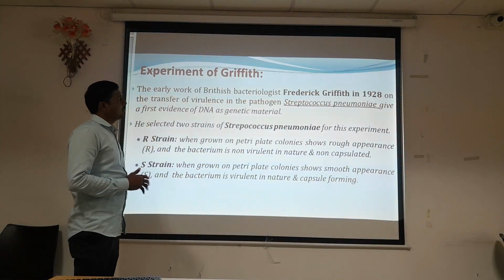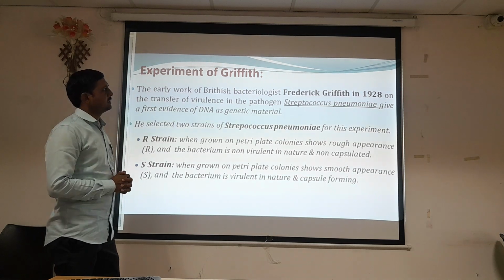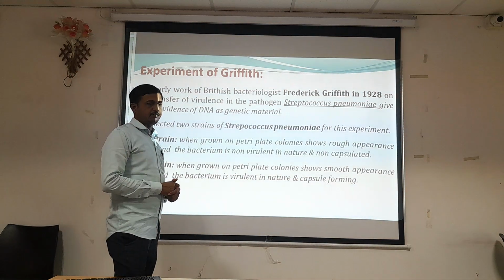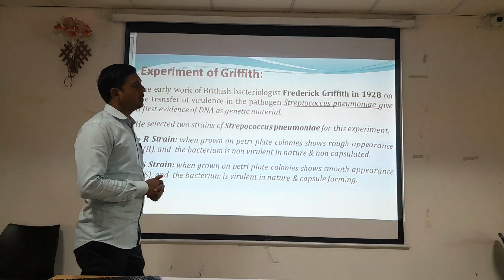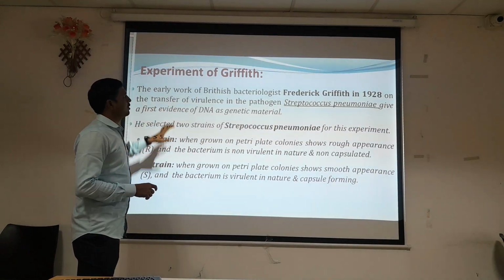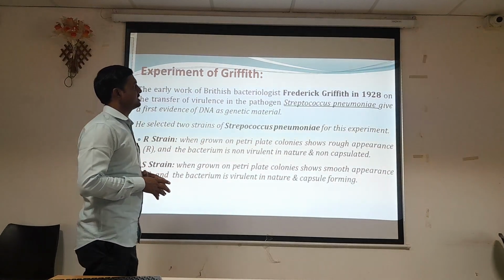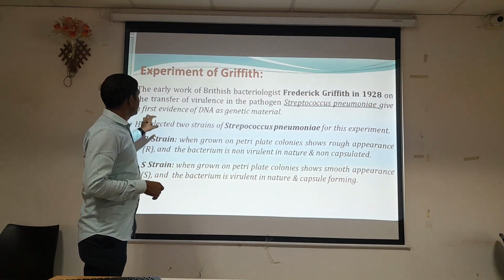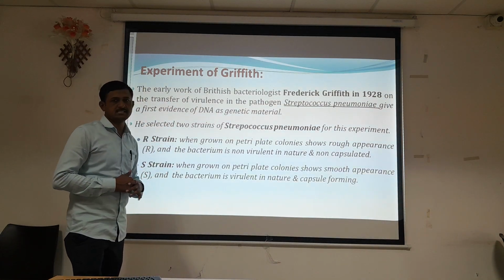The early work of the British bacteriologist Frederick Griffith, in 1928, on the transfer of virulence in the pathogen Streptococcus pneumoniae gave the first evidence of DNA as a genetic material.